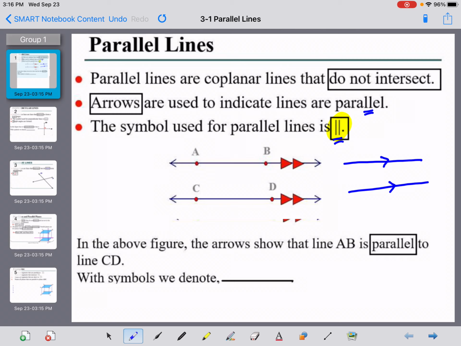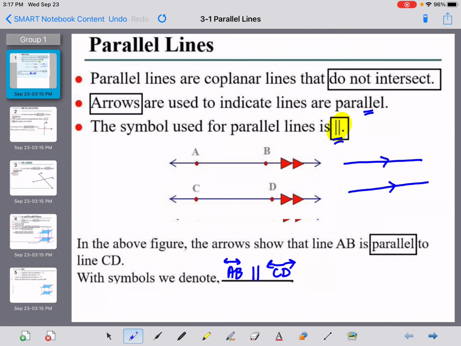And so if we wanted to show this symbolically, we would say AB is parallel to CD. Oh, it's an ugly D. CD. Line's not much better either, is it?